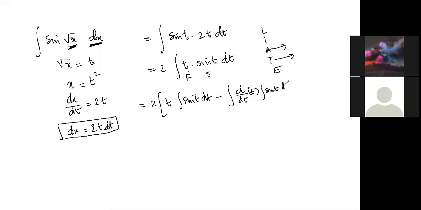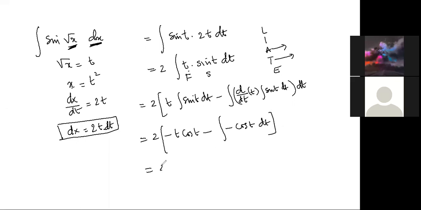Sine t dt, whole into dt. So your answer became 2 times minus t cos t minus integral of minus cos t dt. So 2 into minus t cos t plus integral of cos t, which is sin t, plus c.